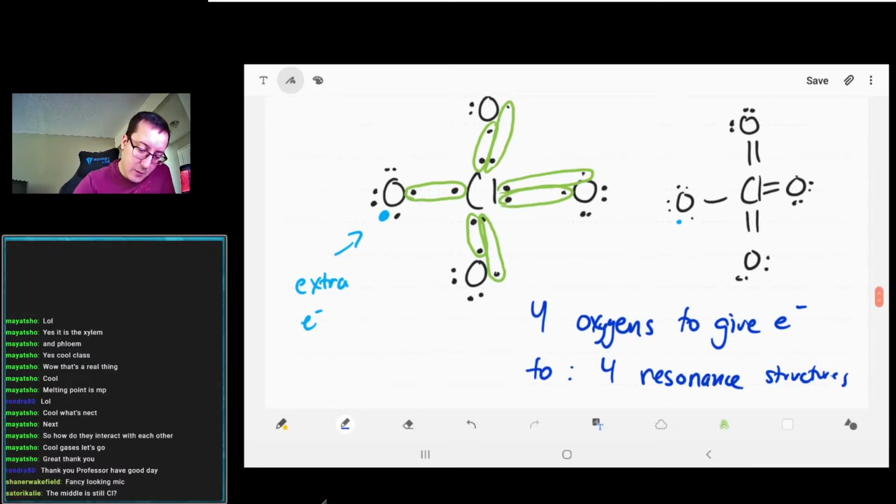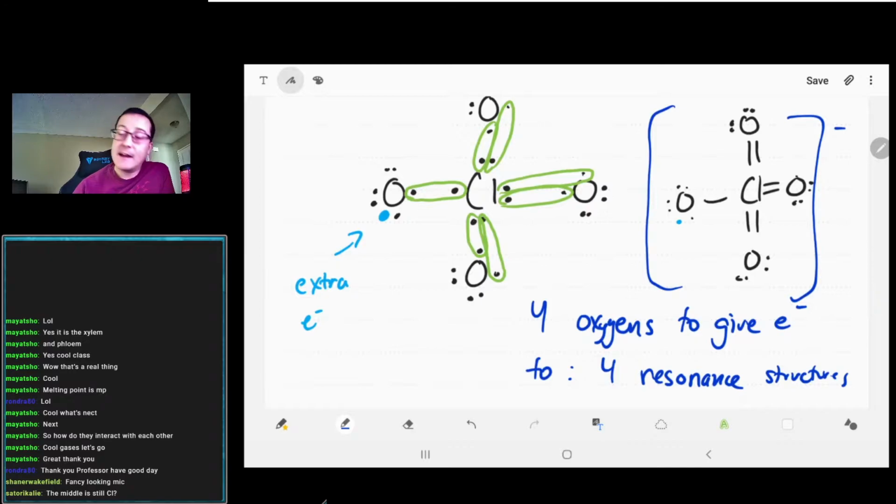Since this is an ion, we typically put it in brackets just to indicate that. And if we wanted to indicate the formal charge on it, we would see that this one is the negative. That's where the negative charge is on this particular ion.